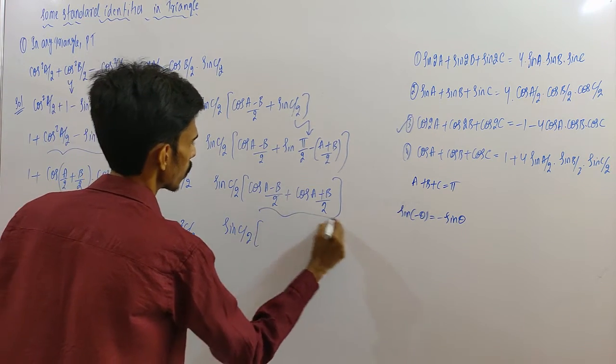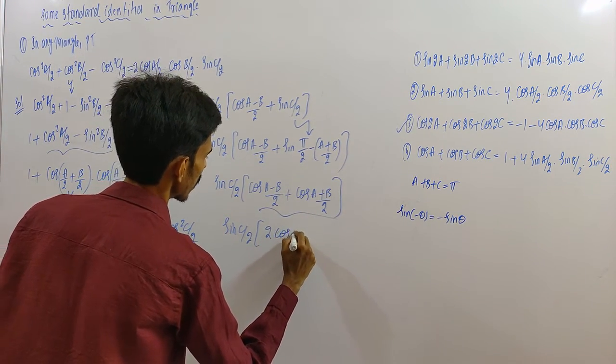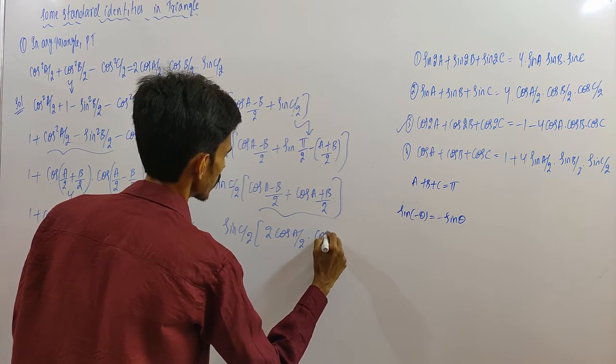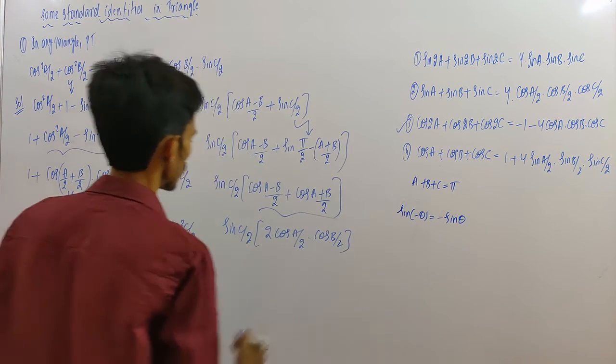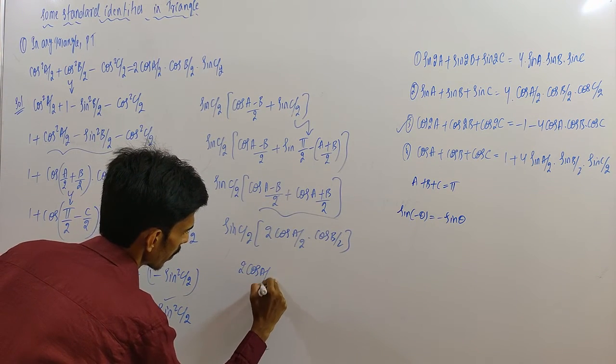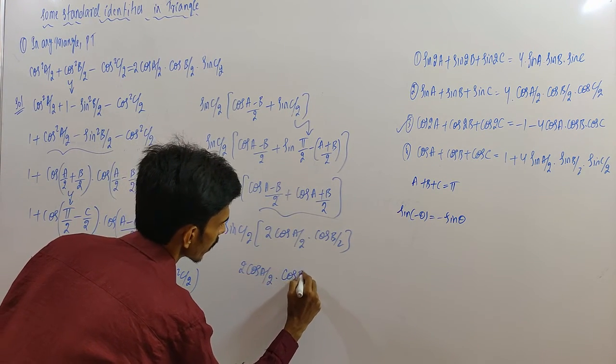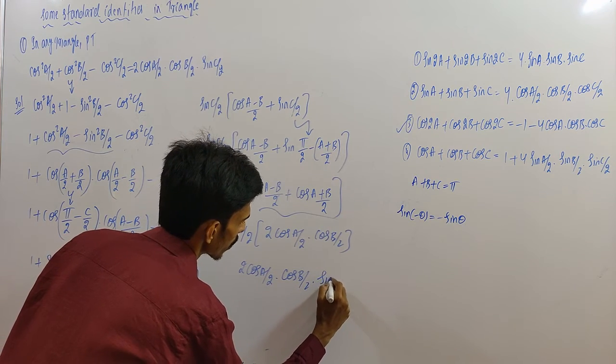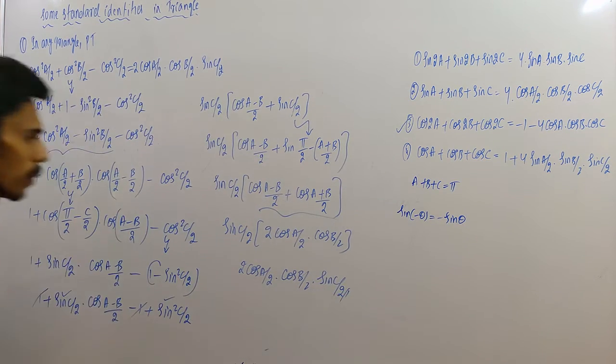This will become 2 cos A cos B, 2 cos A by 2 into cos B by 2. So we have RHS. 2 cos A by 2 cos B by 2, last one is sin C by 2. RHS.